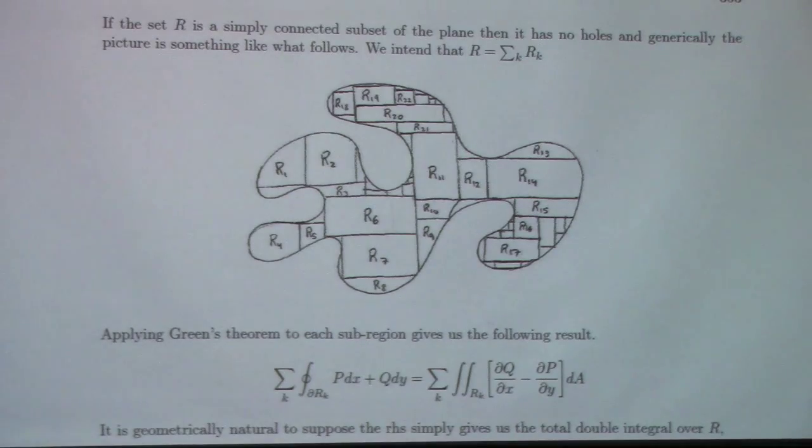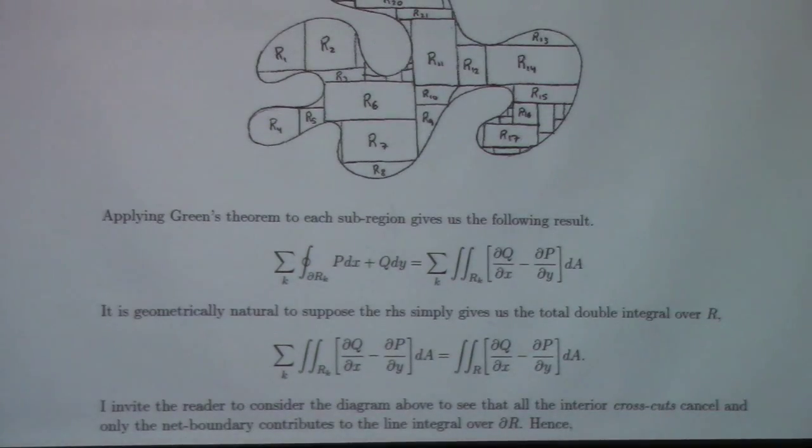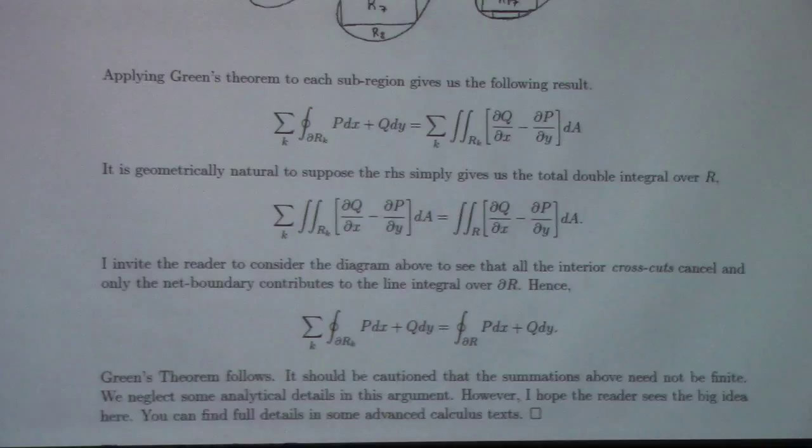And the canceling of interior work integrals gives you that the sum of the works is the total work around the edge, and hence Green's theorem. And the same thing can be said for the divergence form. All right?